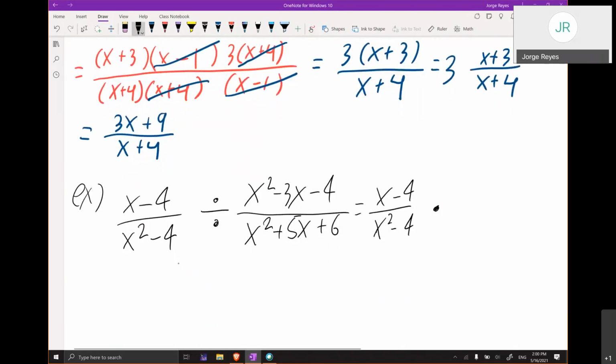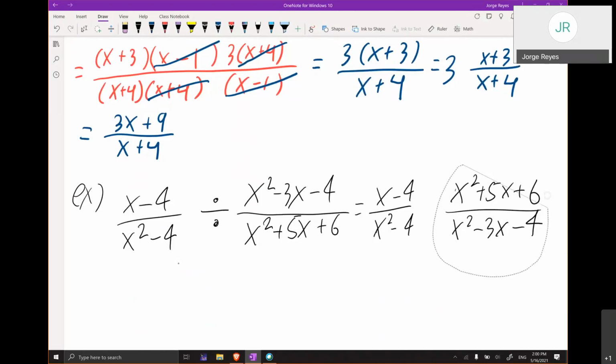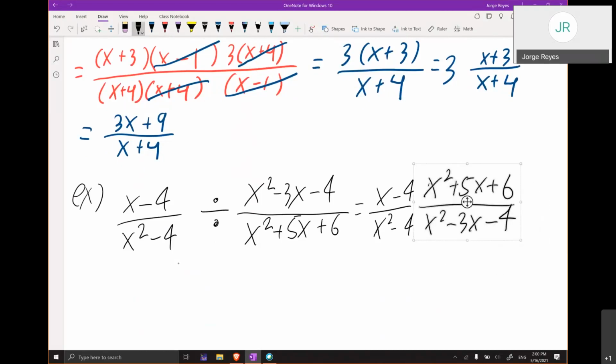And then I'm going to flip the other fraction. And then we know that essentially this is the same. So I'm just going to cheat. I'm just going to move this close. Ta-da, I have multiplied.